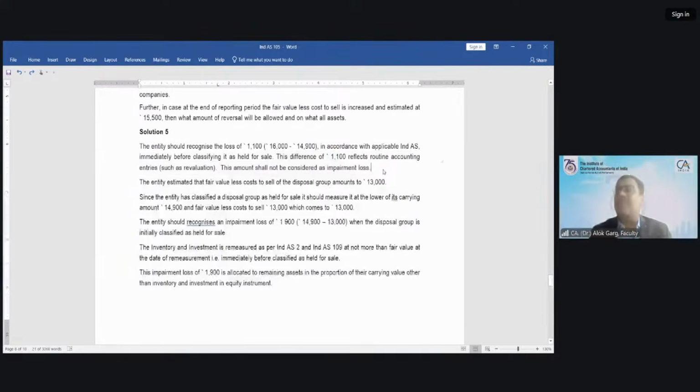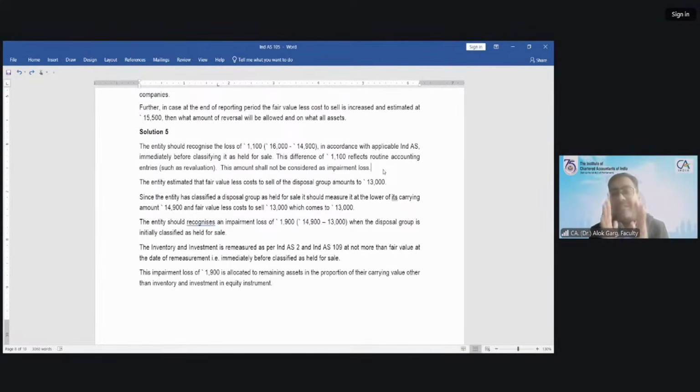The amount shall not be considered as an impairment loss, right? So from 16,000 to 14,900, it is a normal change as per the respective standard. You need to look at whether it is due to depreciation, amortization, fair valuation, revaluation, or could be impairment as well.